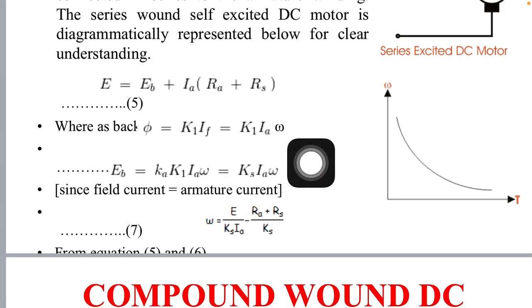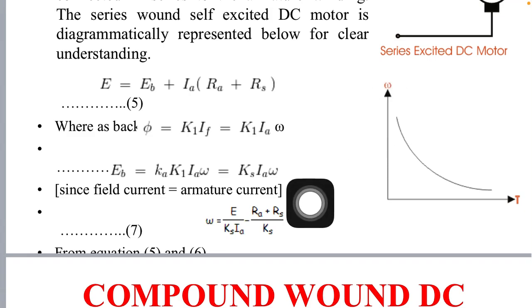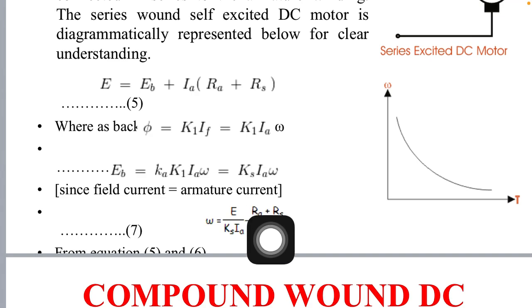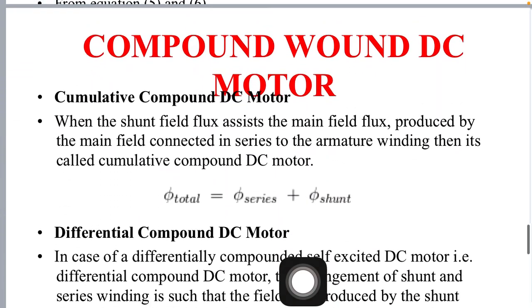It's not N, that is speed form, that's why I am using angular speed omega. So omega is equal to V by Ks into Ia minus Ia into Ra plus Rs divided by Ks, from equations number 6 and 7.